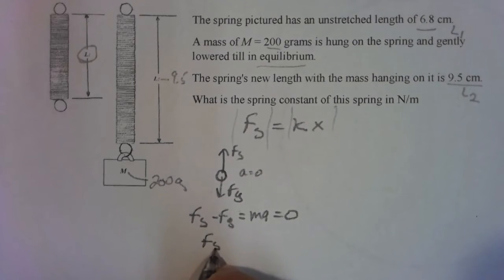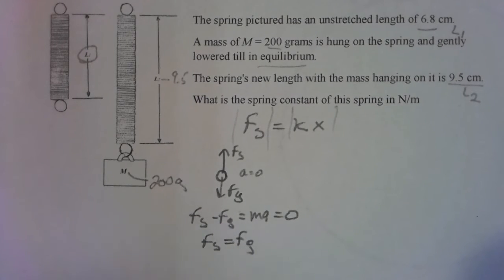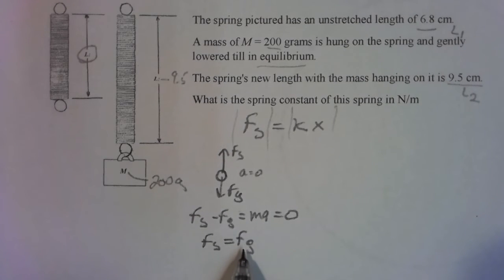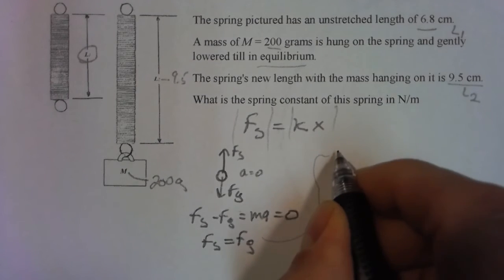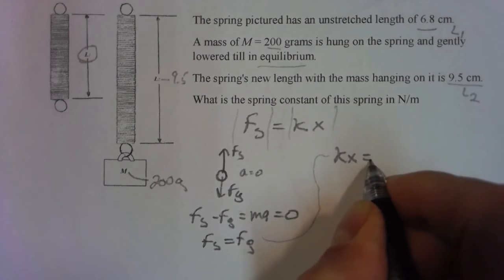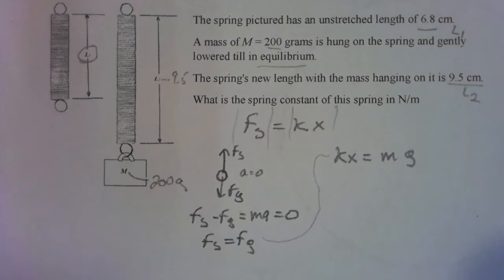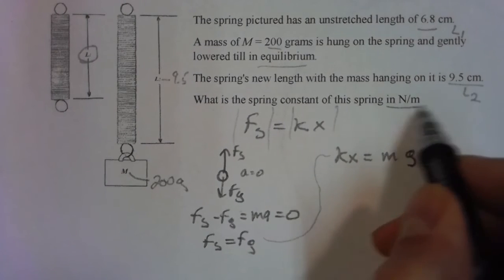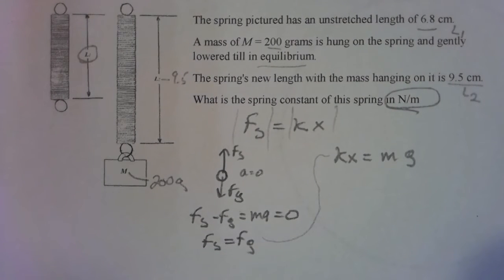So the spring is going to equal the gravitational force. And again, that's only because it's in equilibrium, because it's balanced, it's not accelerating, it's just hanging there. Well, we know that kx is going to equal mg, but we got to make sure all our units are correct. We want the spring constant in newtons per meter. So we're going to have to change everything to newtons and meters.